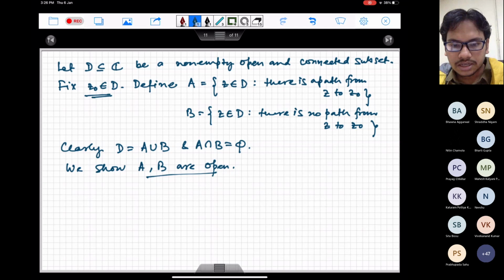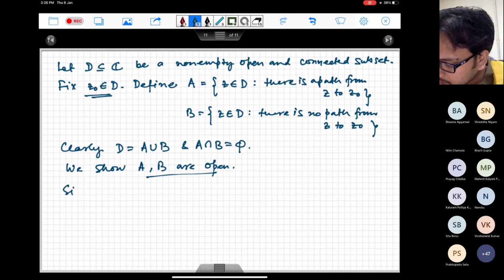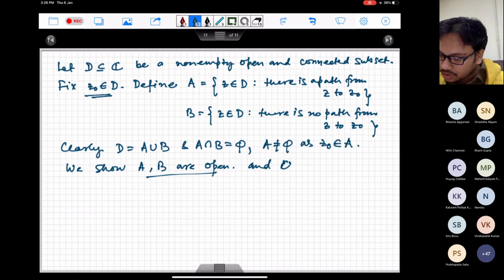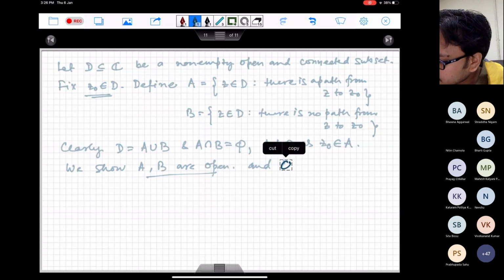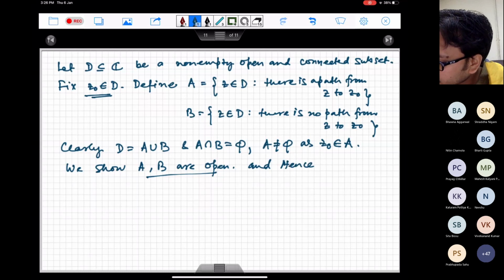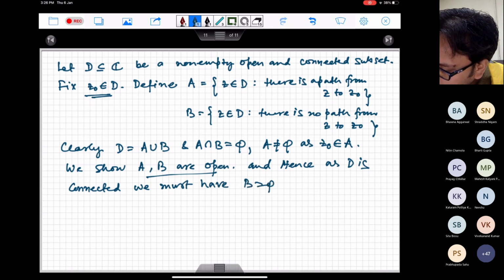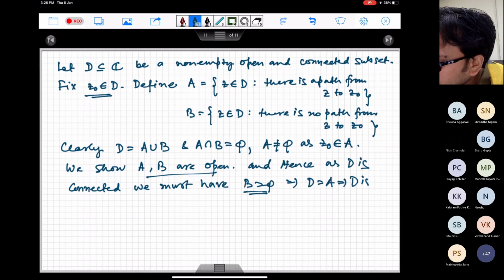Okay, so let us quickly see why A and B are open. The proof is very simple. Clearly, A is not equal to phi, as Z naught belongs to A. So we will show that A and B are open, and hence as D is connected, we must have B equal to empty, and this implies D equal to A, which implies D is path connected.